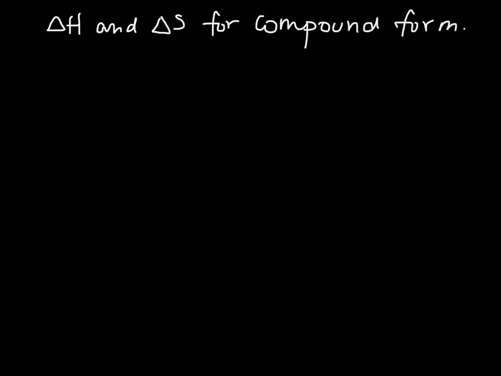Next, let's consider delta H and delta S for compound formation. So again, we want to first ask, what does the delta mean? What's the before and what's the after?